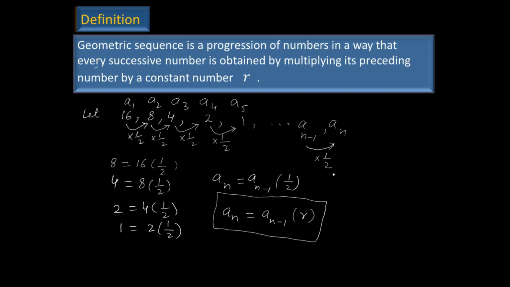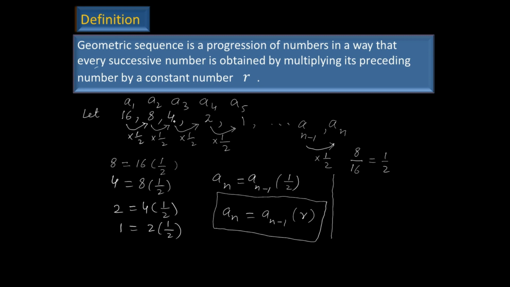Now how will this r be obtained? If we are given some geometric progression, we take this sequence into consideration. If we divide the second term by the first term, that is 8 divided by 16, we are getting 1 by 2.